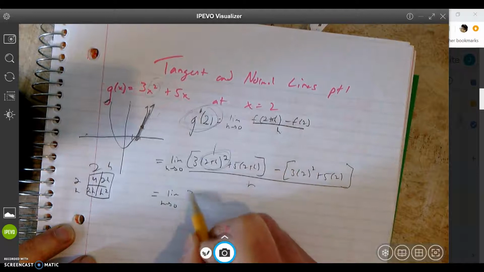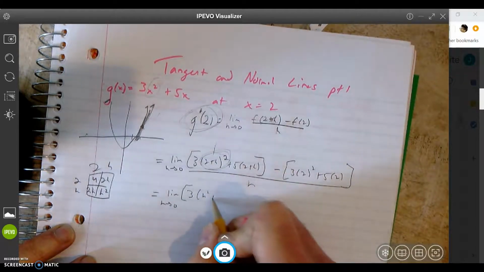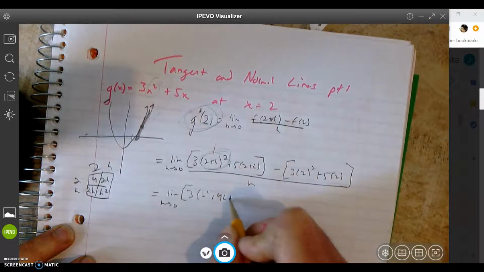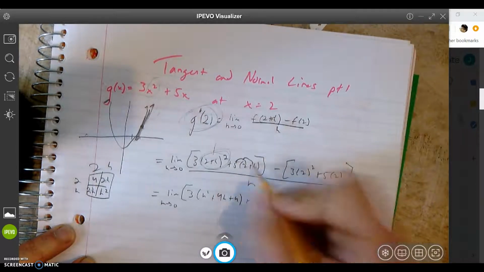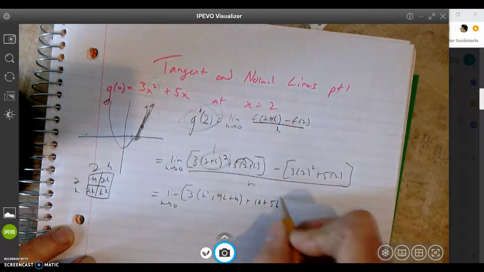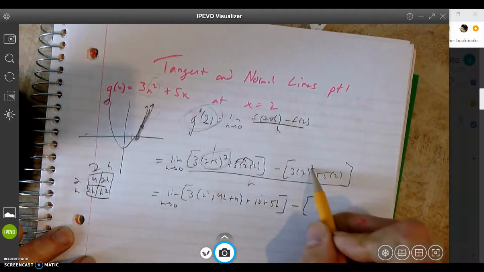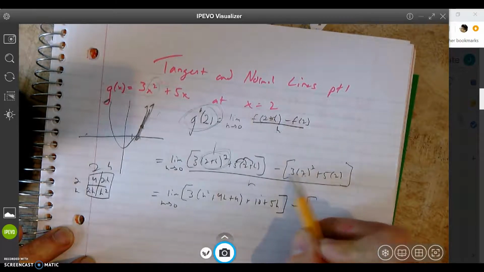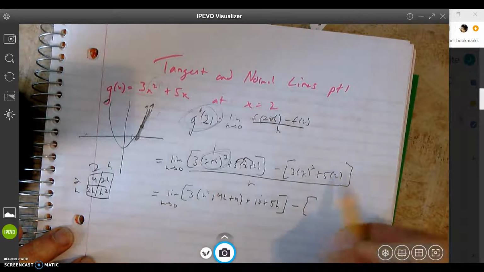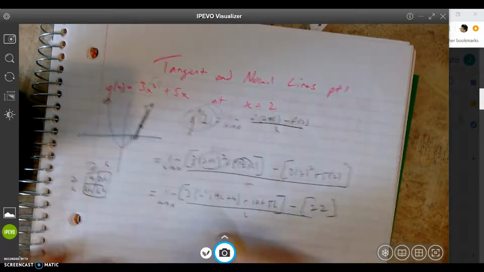So that's going to be 3 times h squared plus 4h plus 4, plus 5 times 2 plus h, that's 10 plus 5h, minus 3 times 4, which is 12, plus 10. 12 plus 10 is 22. All over h. Don't forget that h right there.